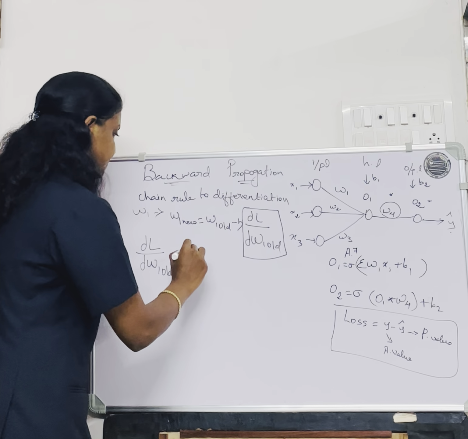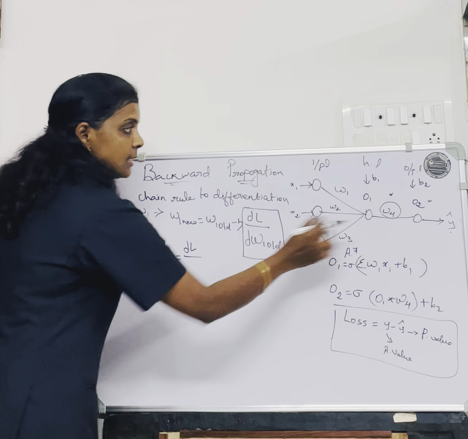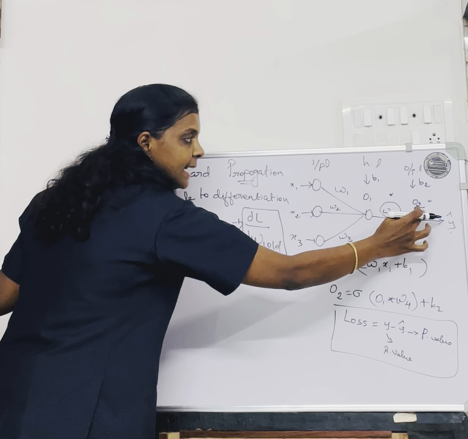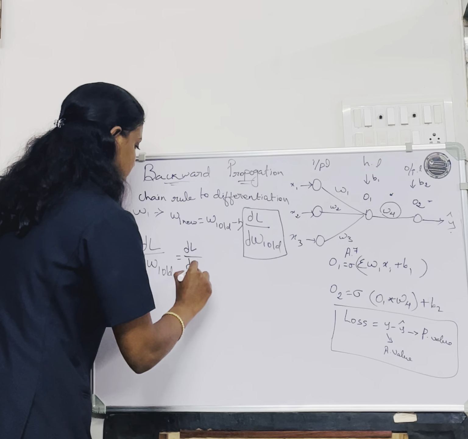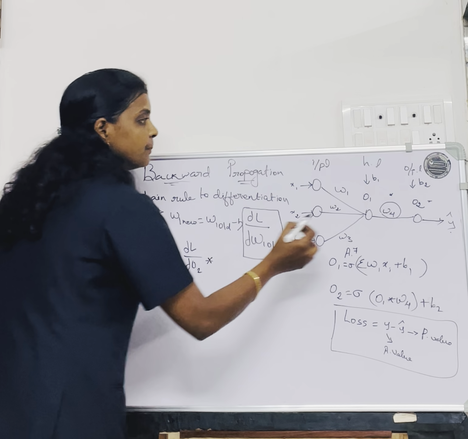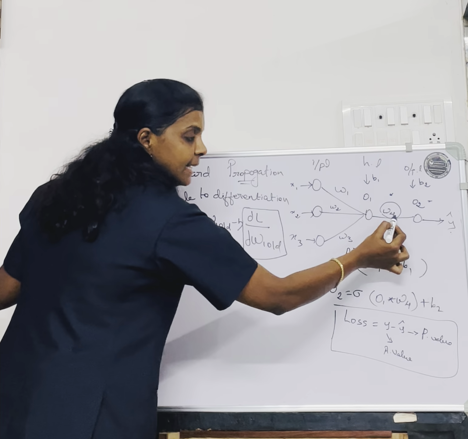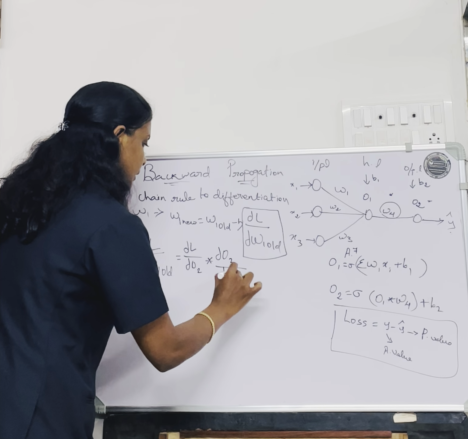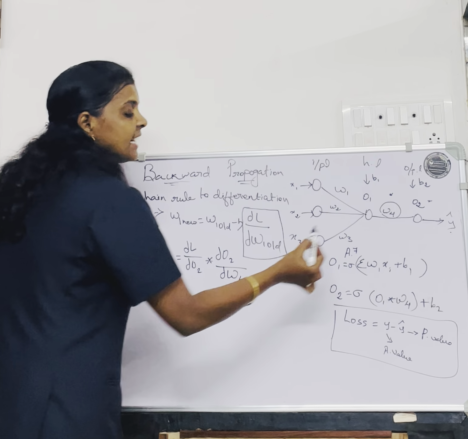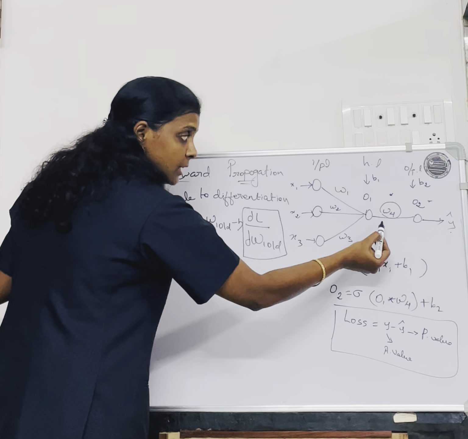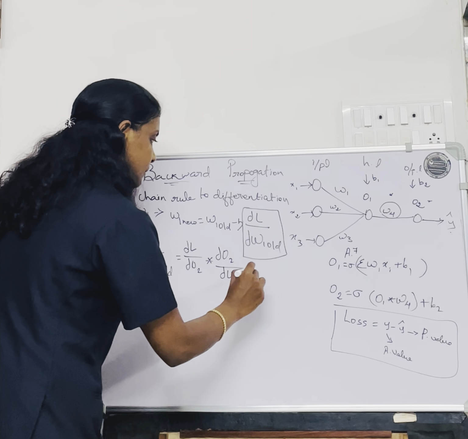First, derivative of loss by O2, into derivative of O2 by derivative of W4, then derivative of W4 depends on O1.